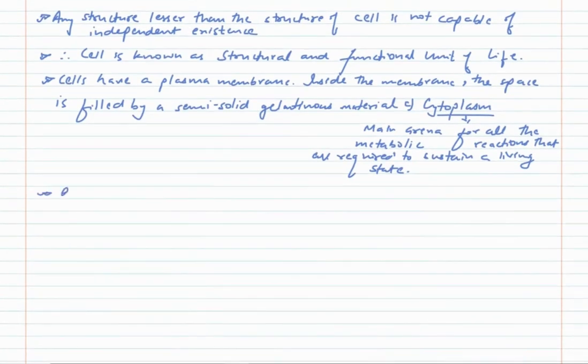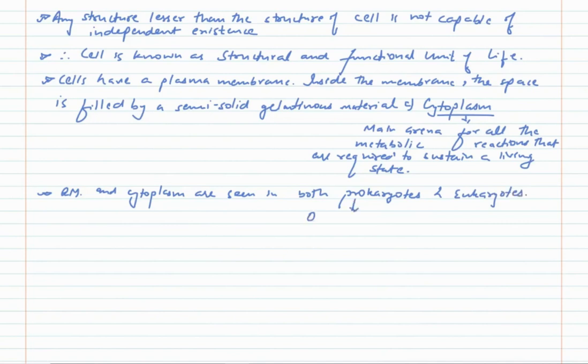Plasma membrane and cytoplasm are seen in both prokaryotes and eukaryotes. Pro means old or ancient.